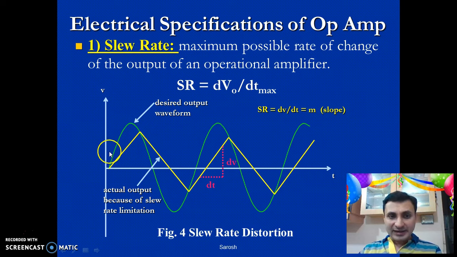We find that the output has lost its sine wave format and maintains a triangular type nature. If we take the slope of it, then this dV by dt is given as the slew rate. So the higher the frequency, the higher will be the lagging of the output voltage with respect to input.